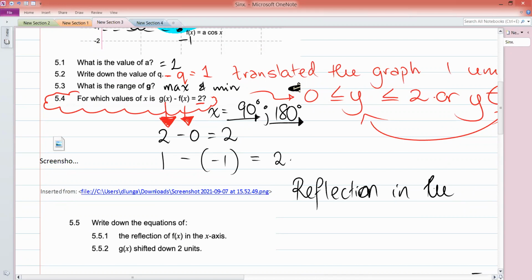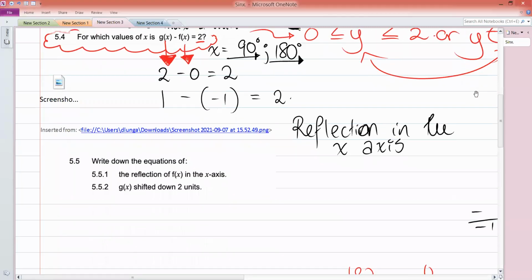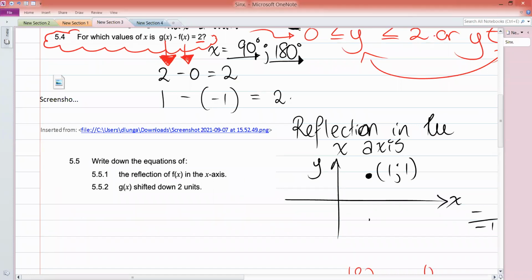If you're stuck or if you weren't here last time, if we reflect something in the x-axis, let me take this point here. If this point is 1, 1, and I reflect it in the x-axis, which is this horizontal line here, what would the new point be? The x wouldn't change. 1, -1. Brilliant. Thanks, Afif. So 1 and -1.